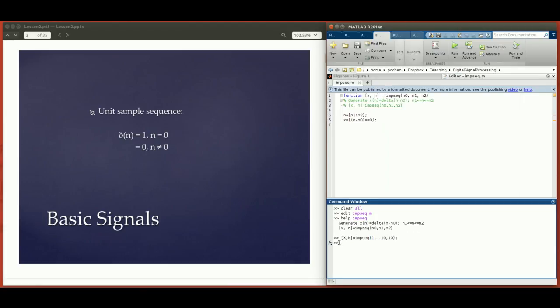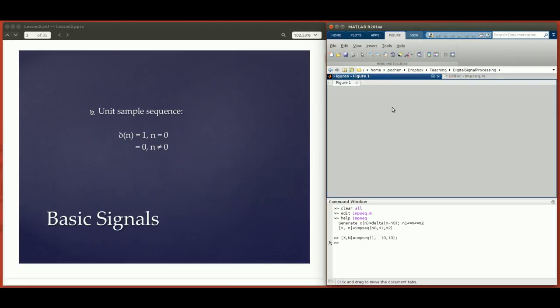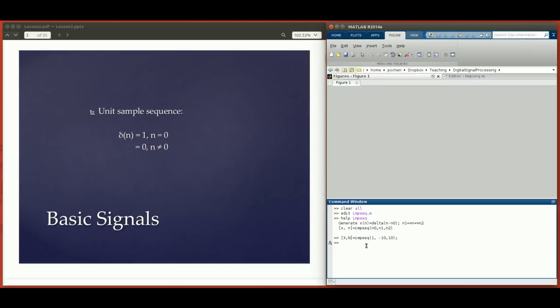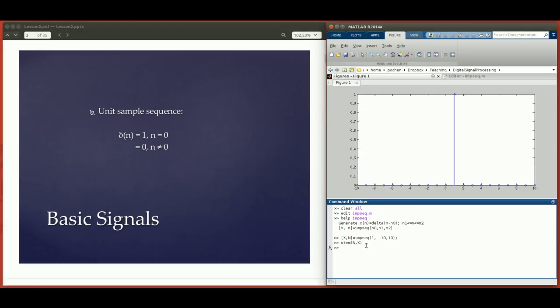So now I have two vectors. I can plot them. I have an empty figure that's open. But this time, instead of using plot, as we talked about in the Matlab tutorial, we're going to use another function that's called stem. I'm going to do stem n, x, because it's going to show you the locations of the time samples.